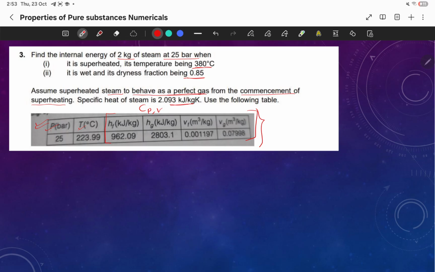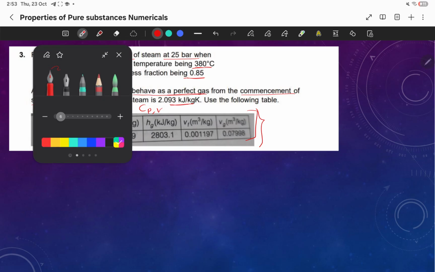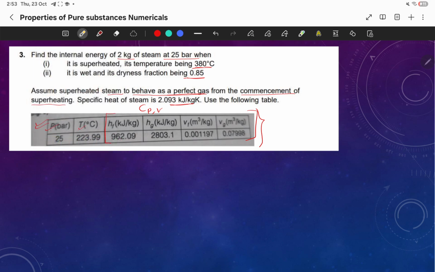Okay, now let's try to write all the information which is given in the question. So this is the mass of steam. So here the diagram, this is T-s.